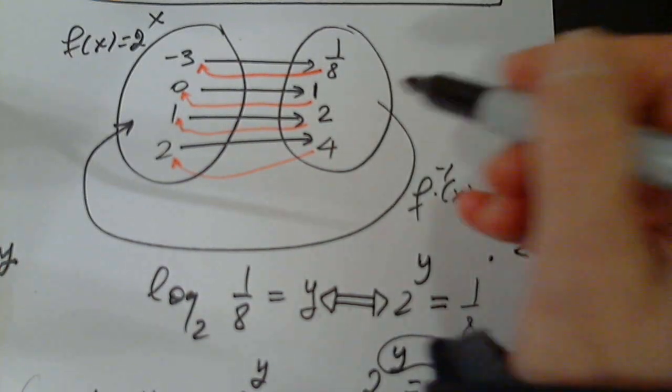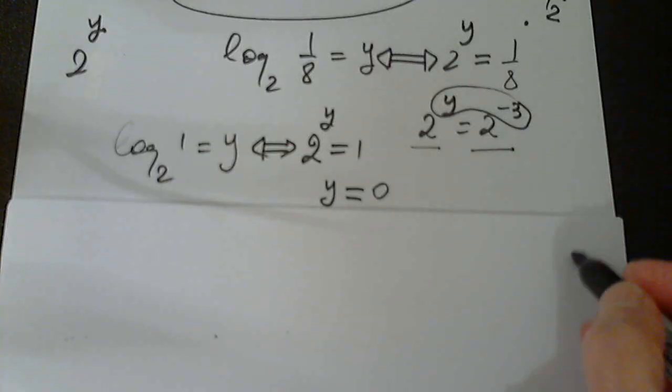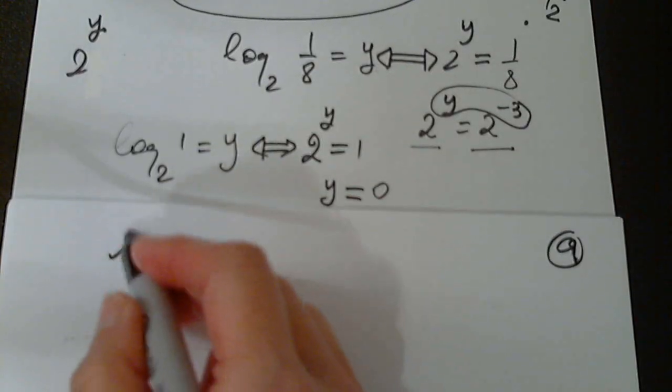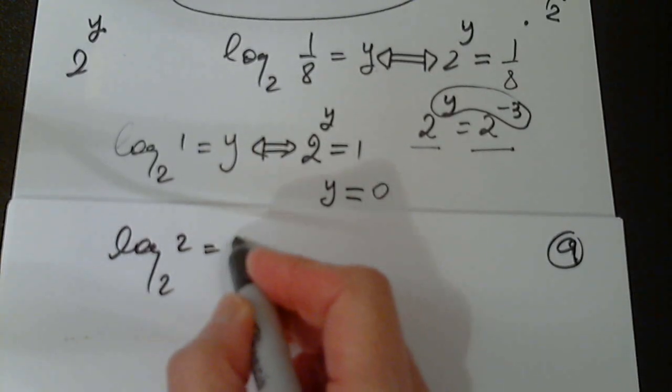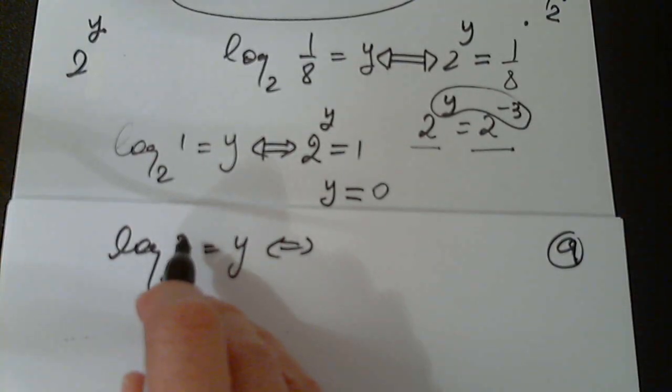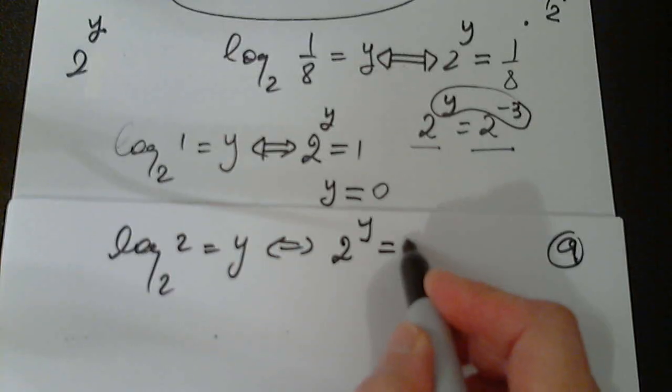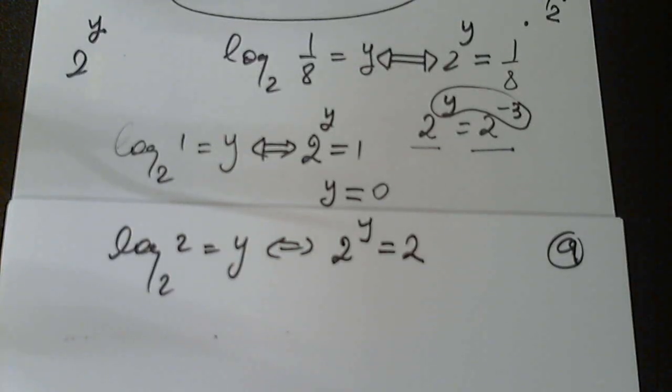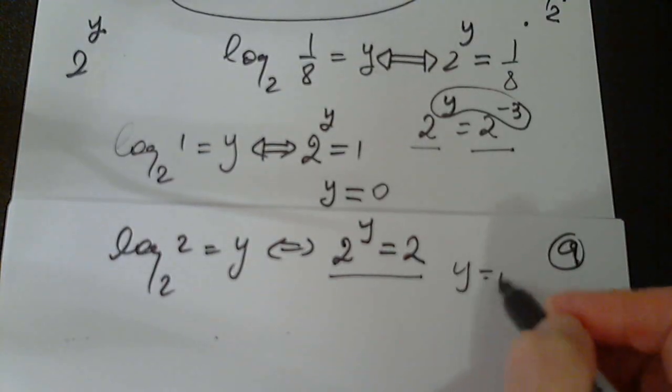Now we apply log base 2 to 2. Let's see what we get. I have no idea what this is, but I know that 2 to y equals 2. What should y equal so that this is true? 1. Indeed. So y must be 1.